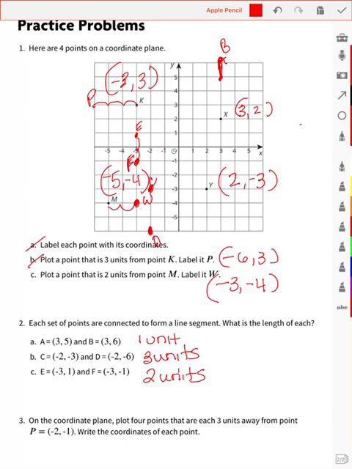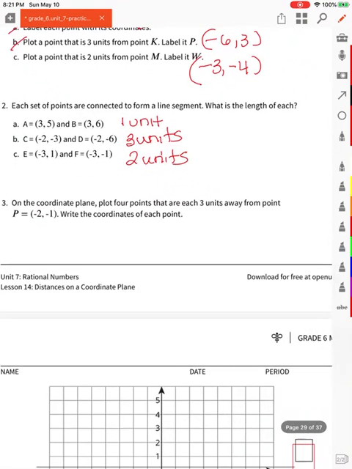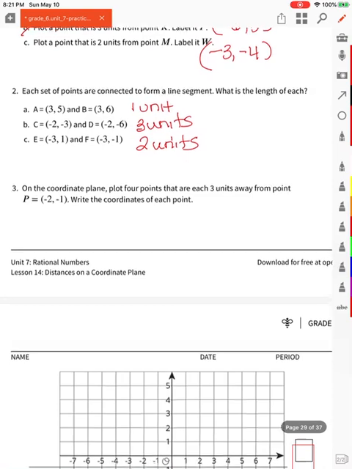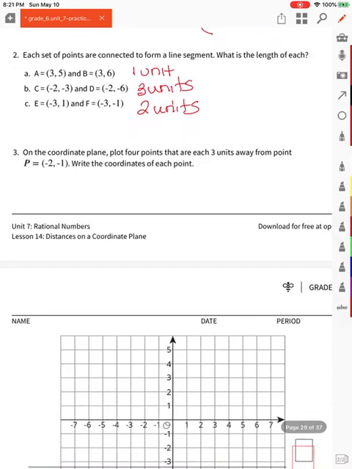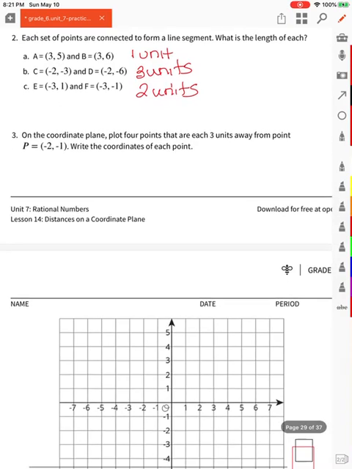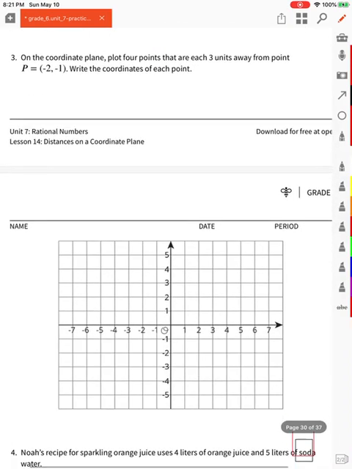All right, moving on to problem 3. On the coordinate plane, plot 4 points that are each 3 units away from point P, which is (-2, -1). And write the coordinates of each point.